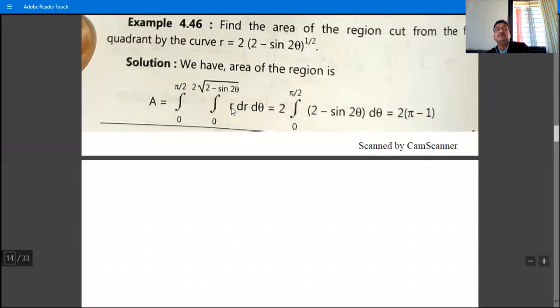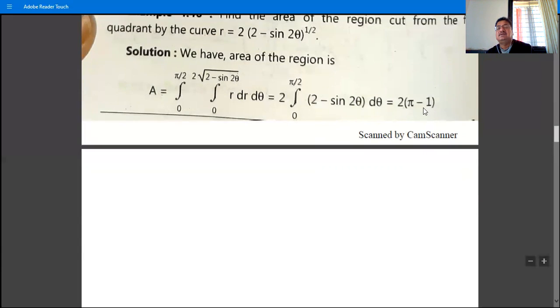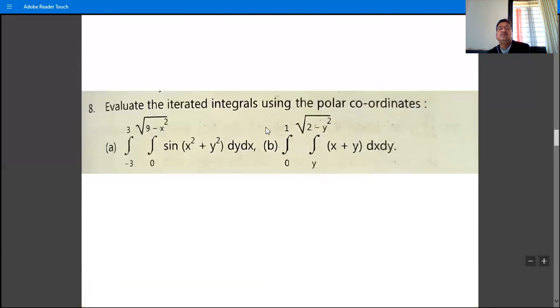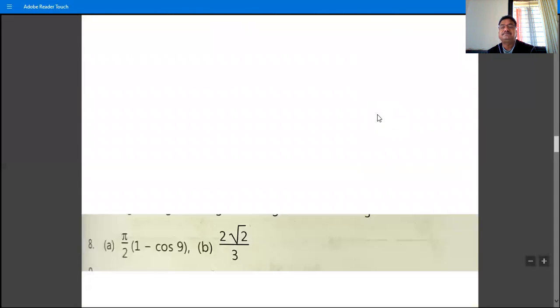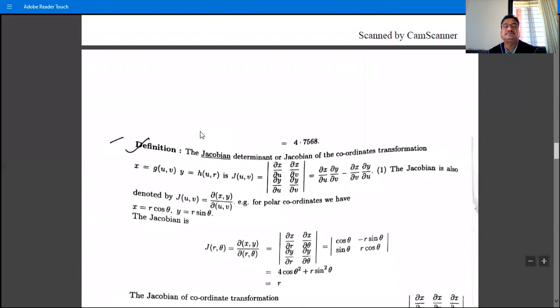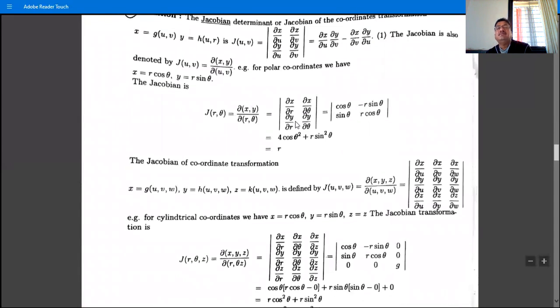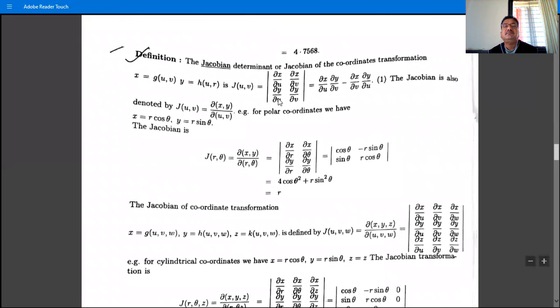First integrate with respect to r using the lower and upper limits, and then with respect to theta. So this is the problem for homework. Using polar coordinates, solve this problem. Answers are given. We will see more problems of changing of variables in the next lecture.